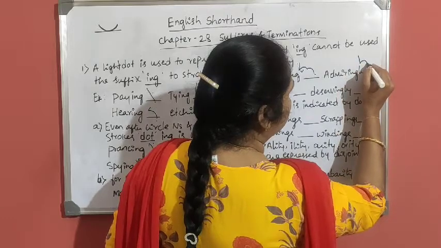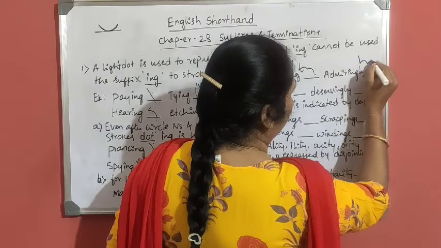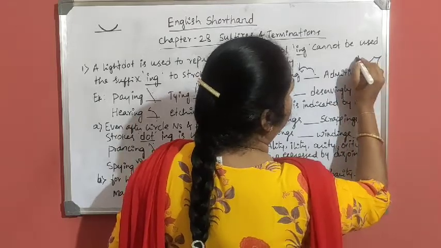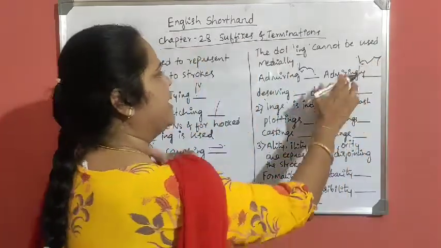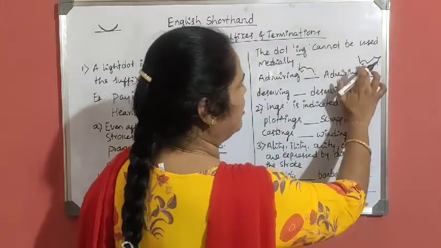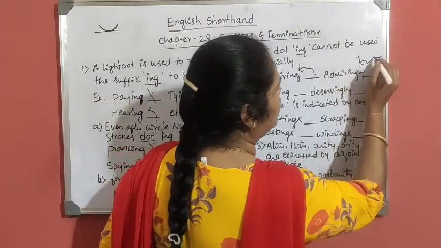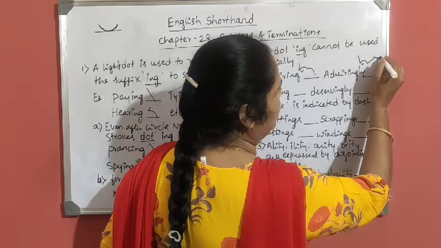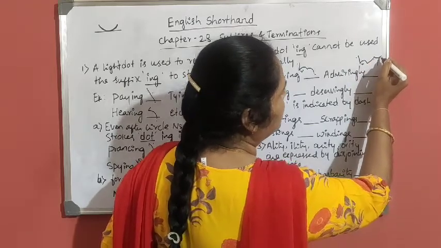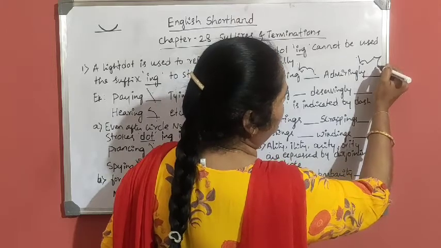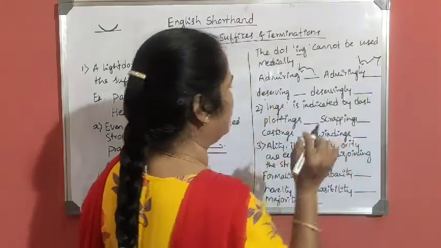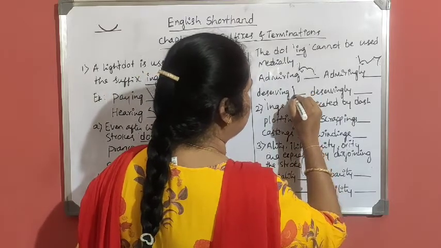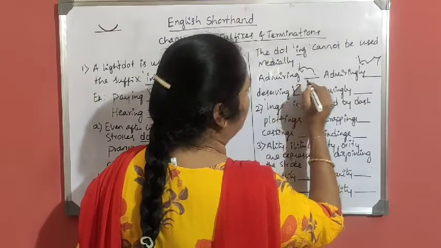D, M, then the ing stroke, L, Y. Admiringly. Here, see, D, M, I diphthong for mine. Admiringly: here I wrote the stroke ing, then L, it is downward L. Admiringly, you have to write the full stroke, like deserving: D, circle S, V hook.